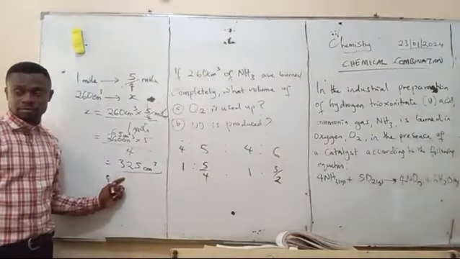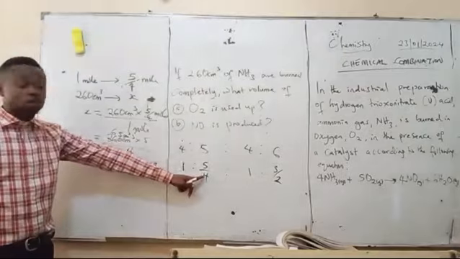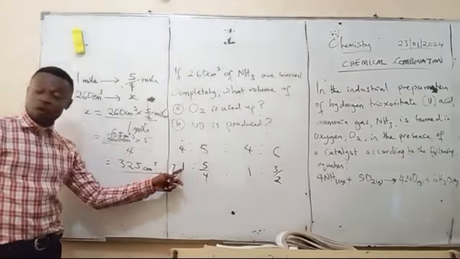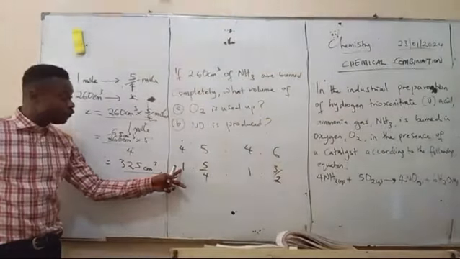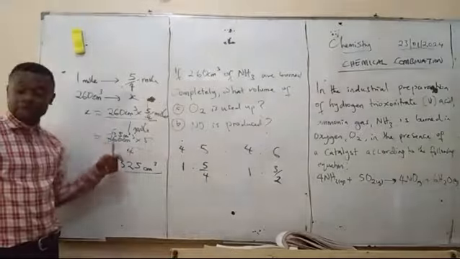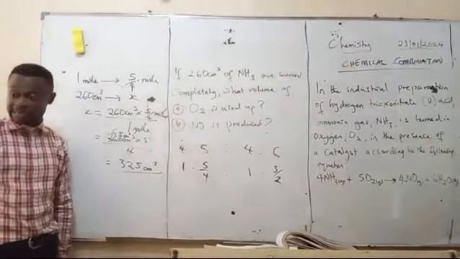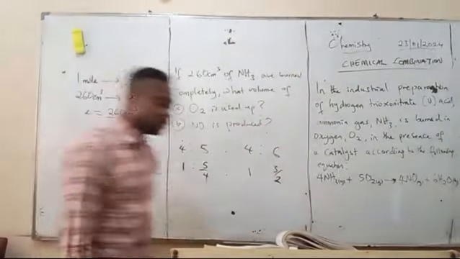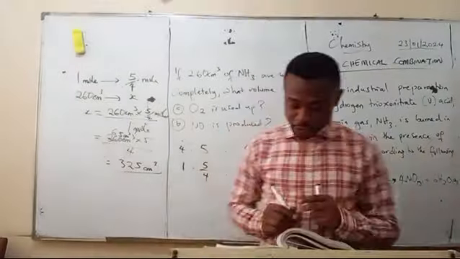Oxygen is used up. Because 5/4 mole of oxygen or volume of oxygen needs to be used up to completely burn 1 mole or volume of ammonia. So 260 cm³ completely burned will use up 325 cm³. Is it clear? So the answer is 325 cm³.